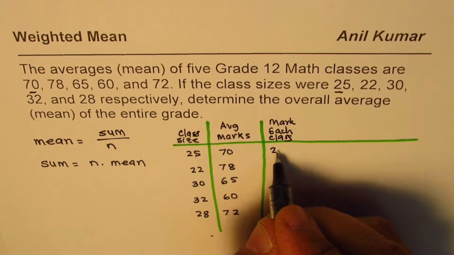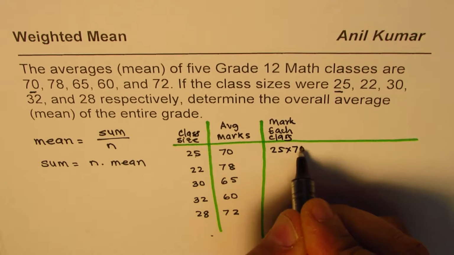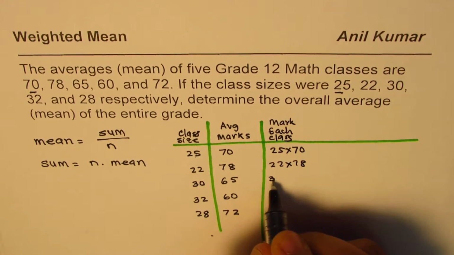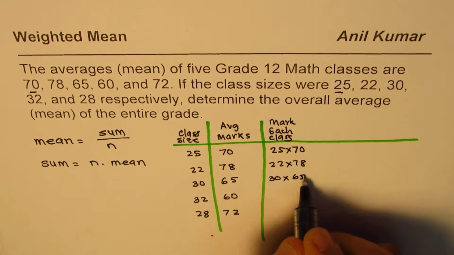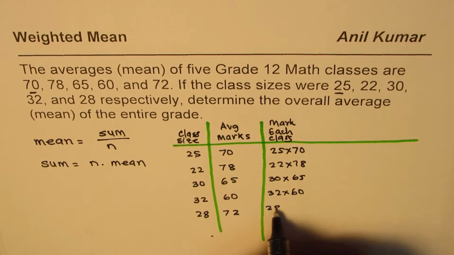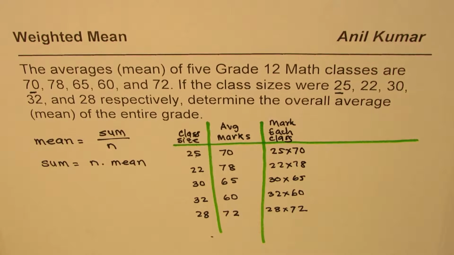So we'll multiply 25 by 70, 22 by 78, 30 by 65, 32 by 60 and 28 by 72, right? Then we are going to get the total marks of each class. You get the idea, right? So let's do this using a calculator.